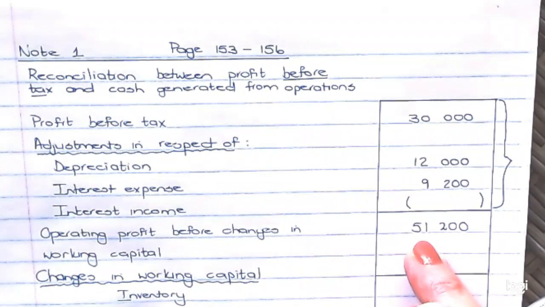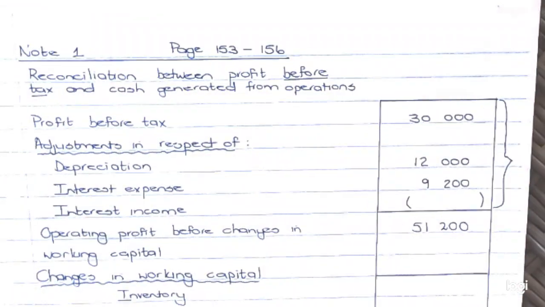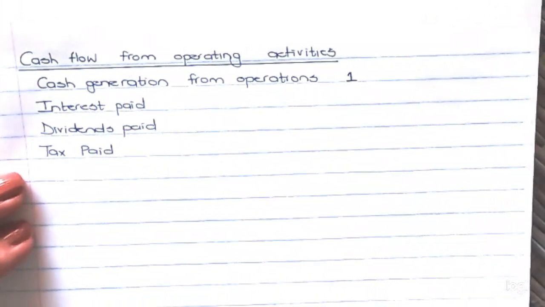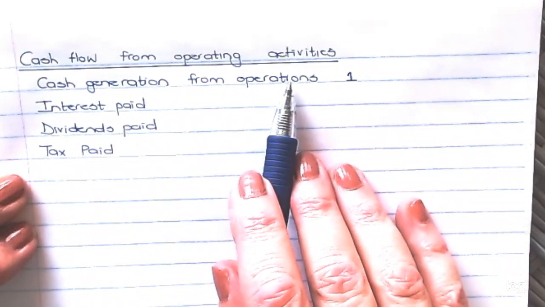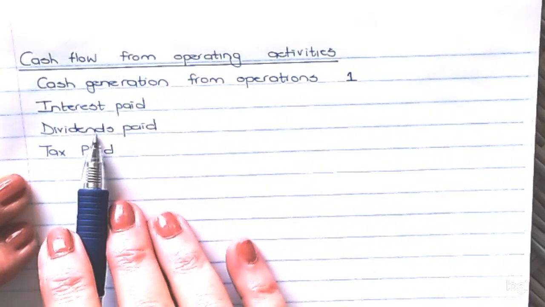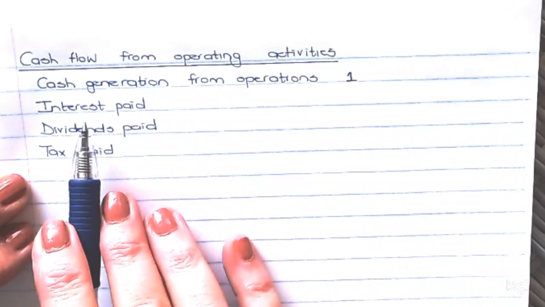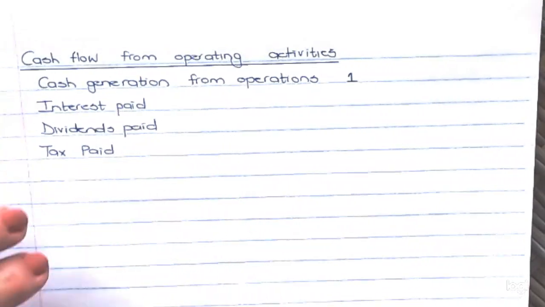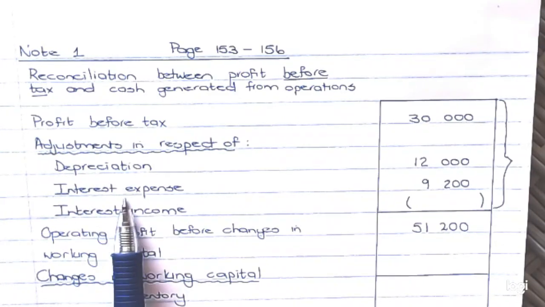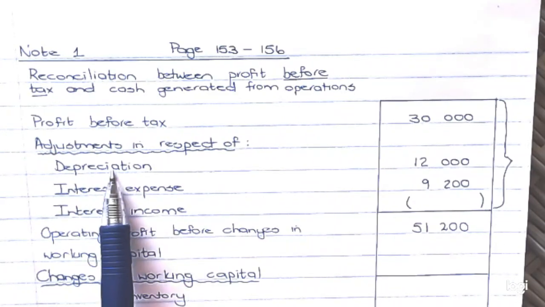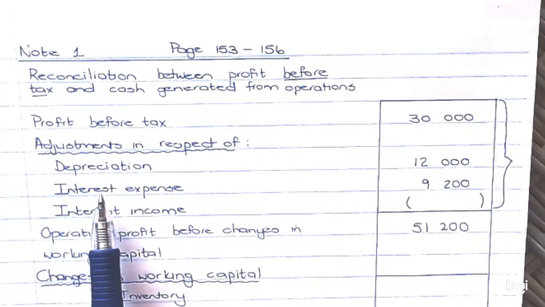So firstly, again, let me just remind you, our first section talks about cash generation from operations, and there's also interest and dividends here. This is not the same as the adjustment of depreciation and interest expense. These are the amounts in the income statement or in the statement of comprehensive income.